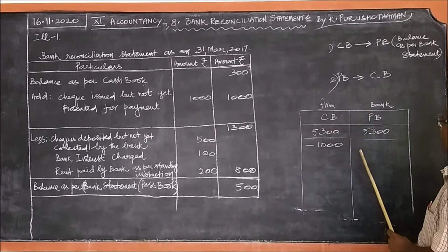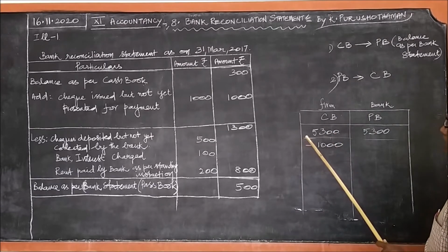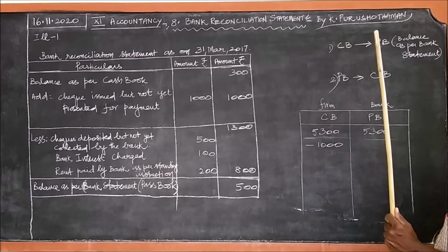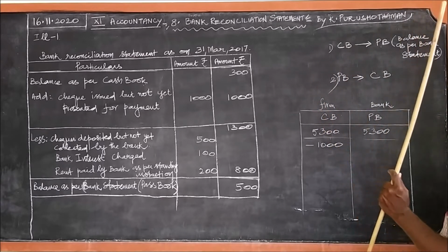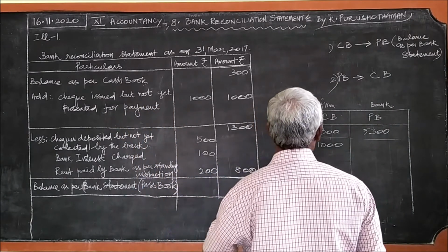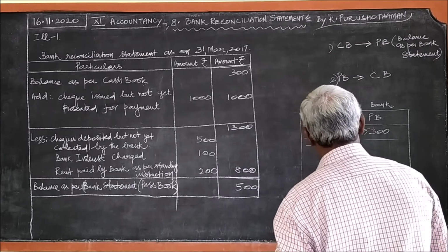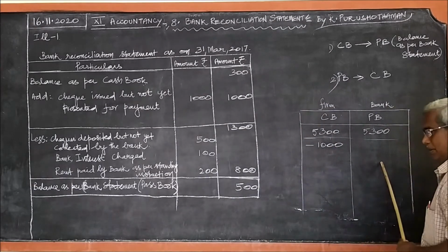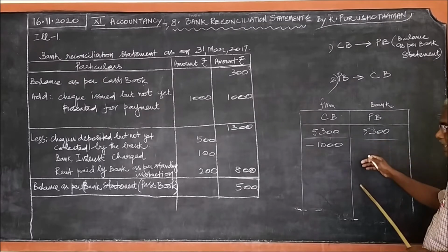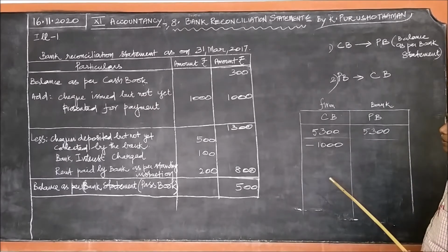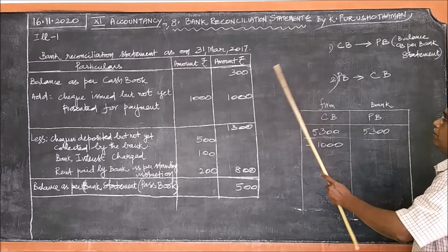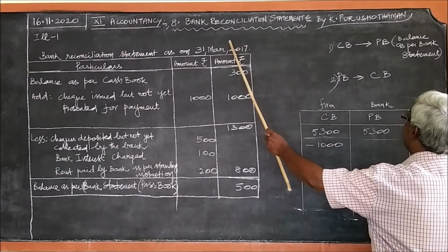But the person to whom we have issued the check did not present it for payment. If he takes that check to the bank and shows it, the amount will be paid to that person and the balance will be reduced automatically.